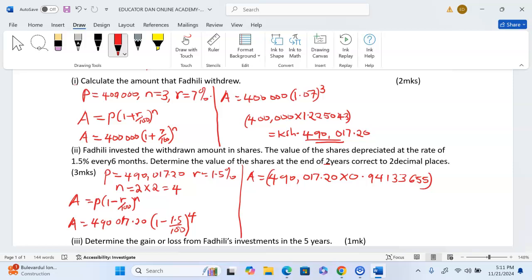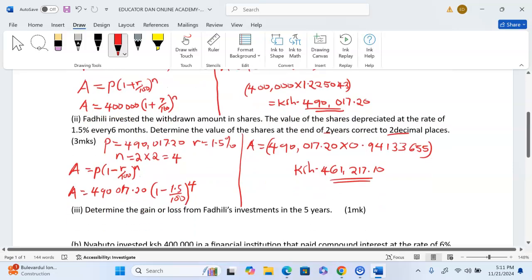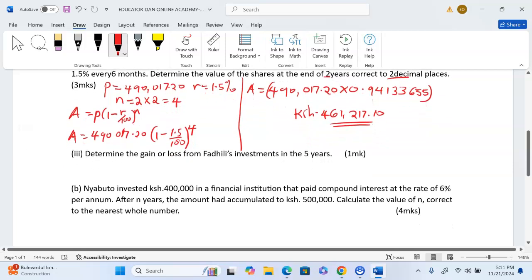And if you multiply that using your calculator, it will give us an amount equivalent to 461,217.10. That is correct to 2 decimal places.